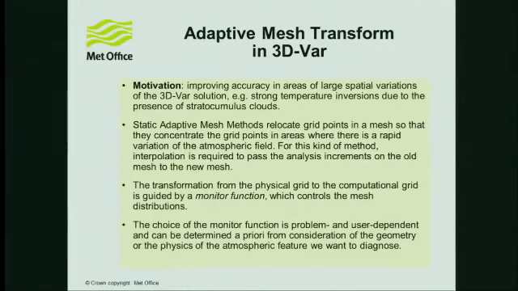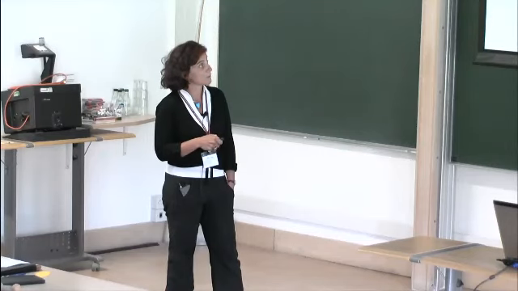For us, because we were interested in low clouds and temperature inversions, we would like to refine the mesh around strong temperature inversions or where we have stratocumulus cloud. For this static method, we need to use interpolation to pass the analysis increment from the old mesh to the new mesh.